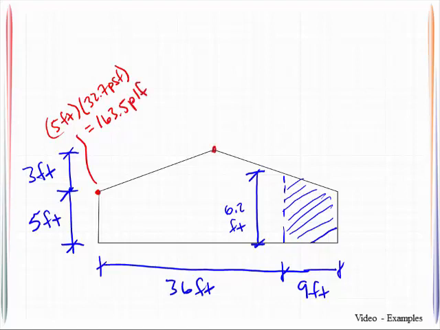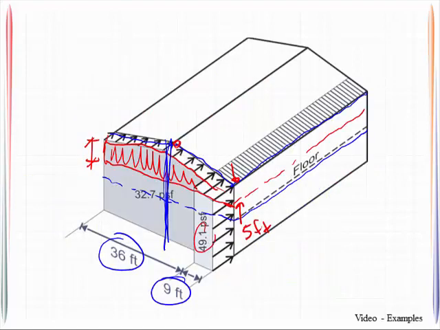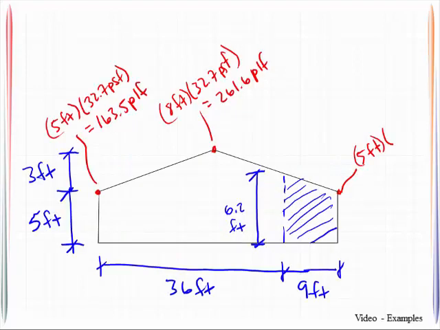We've got this location, tributary height of 8 feet, 32.7 pounds per square foot, and that will equal 261.6 pounds per linear foot. Let's go ahead and make this easy on ourselves. I'm going to jump down here to this end where we have a 5-foot tributary height. Now the pressure there, we recognize that as being 49.1 PSF, so let's go ahead and write that down. Giving us 245.5 PLF.